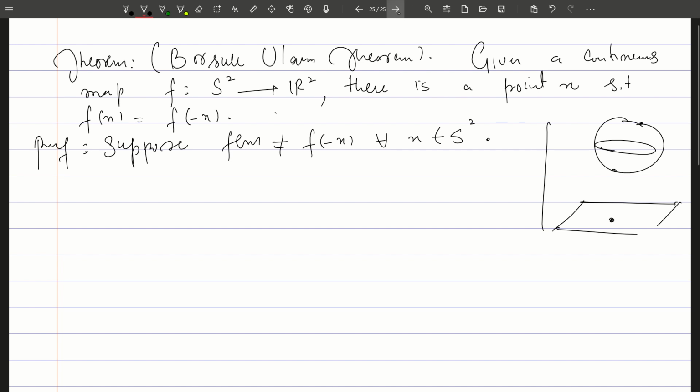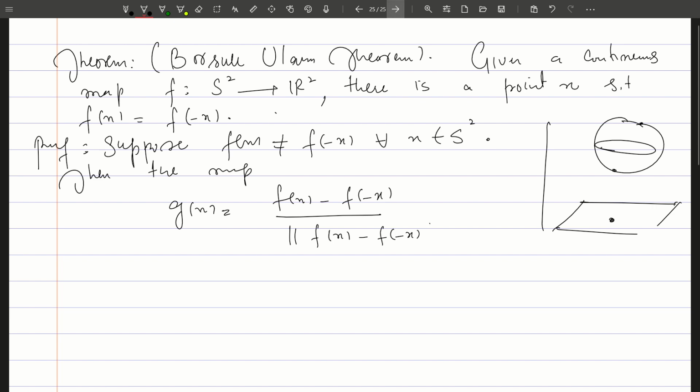So then the map g of x, which is f of x minus f of minus x divided by the norm of f of x minus f of minus x, is a continuous map.